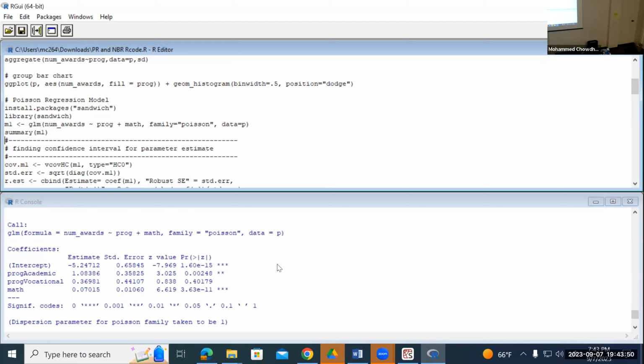General one is the reference category, and then academic and vocational are the compare categories. So reference category means I will compare the remaining two categories with the reference category. If it is greater than 1, then this is better. If it is less than 1, then this is not good. And math is this. Now, let me explain something from there.